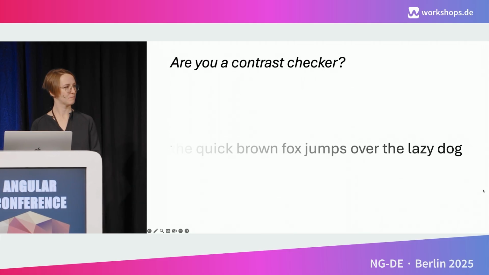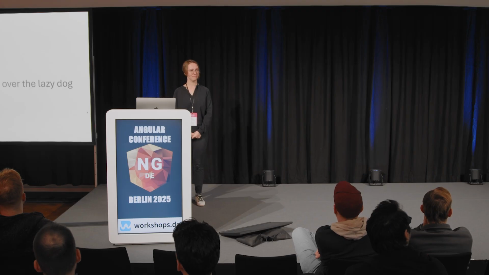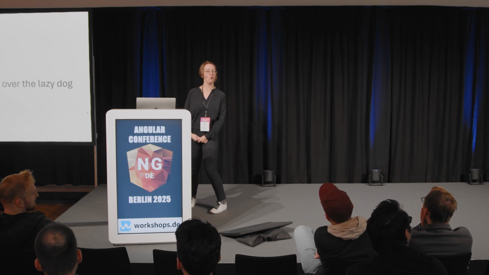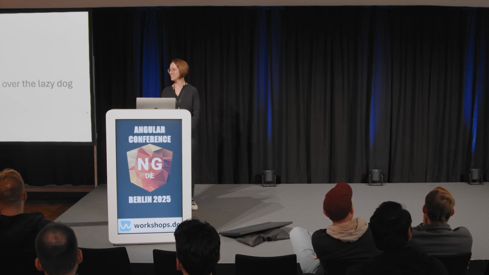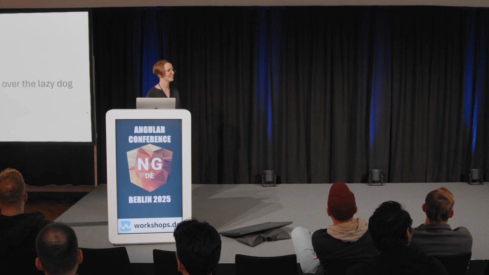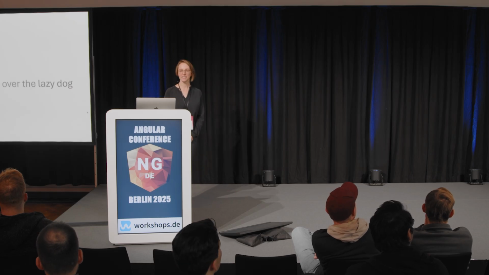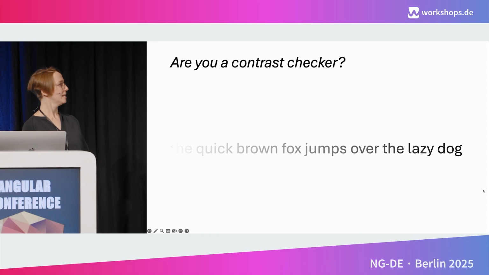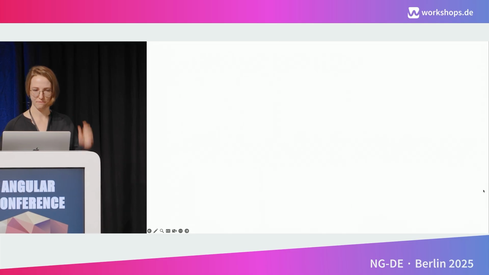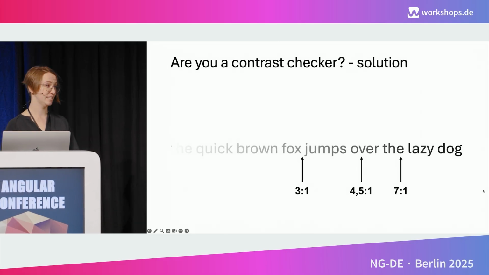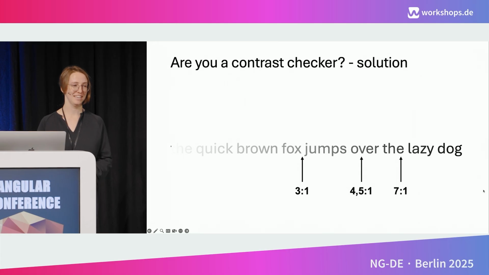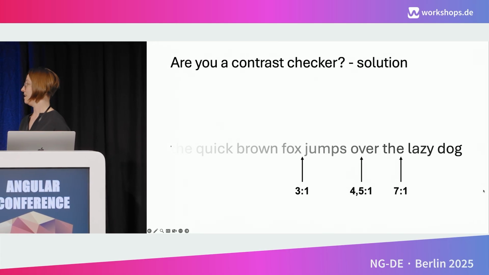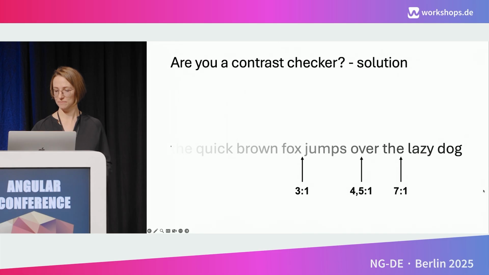Any volunteers? O, like in over, okay. T, the, over the lazy dog. Okay, thank you. I will resolve it. And it's V, so it's close. But what I mean to say, don't trust your eyes, just use tools for that, and then you're safe.